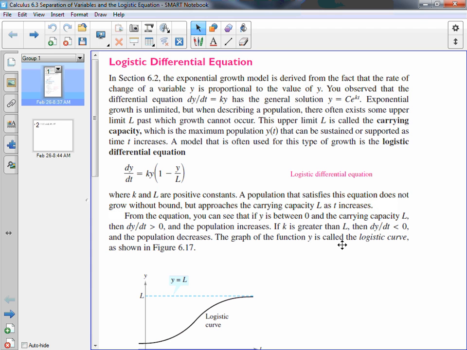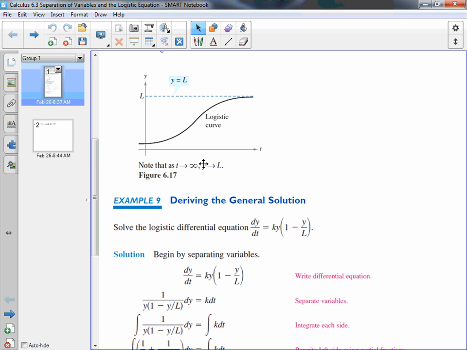A population that satisfies this equation does not grow without bound, but approaches the carrying capacity L as time increases. And so the graph of that would look like so. Okay? Can't grow forever, so it has some limiting horizontal line as the limit. It has a horizontal asymptote.